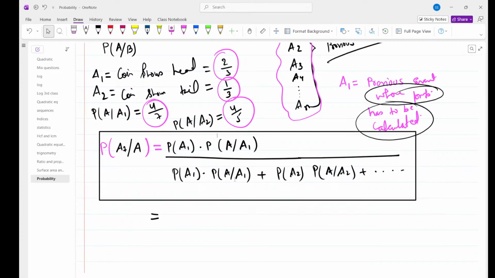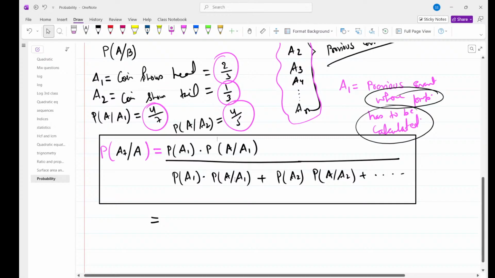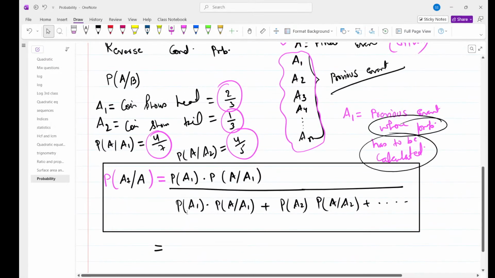So you have four fifth. So A1, right? 2/3 times 4/5, and I think I have to divide, okay. 8 over 15, divided by the probability of A1, which is 2/3 times 4/7.